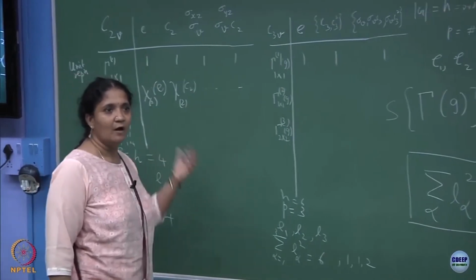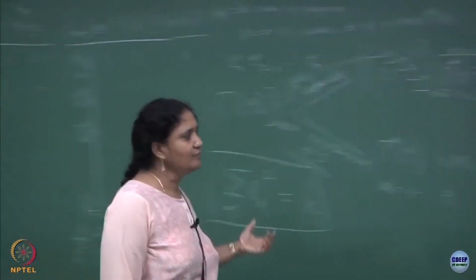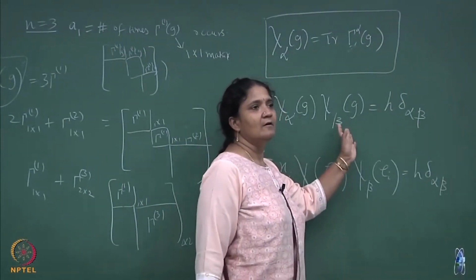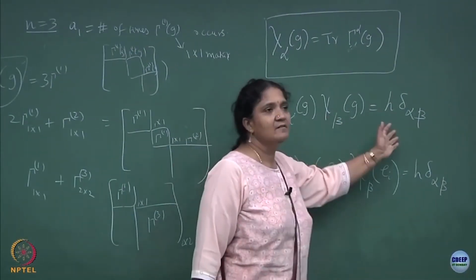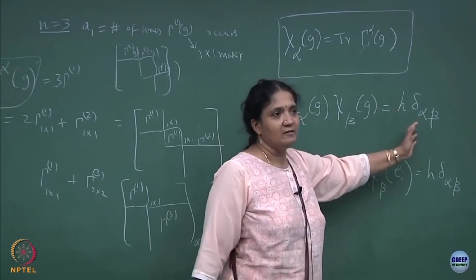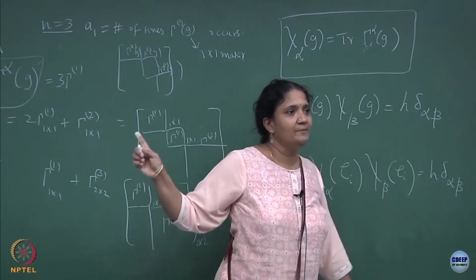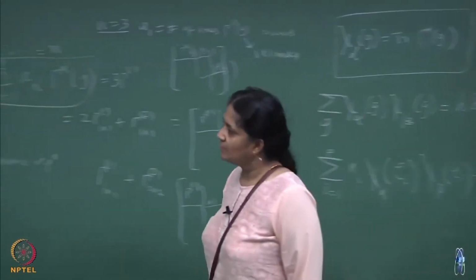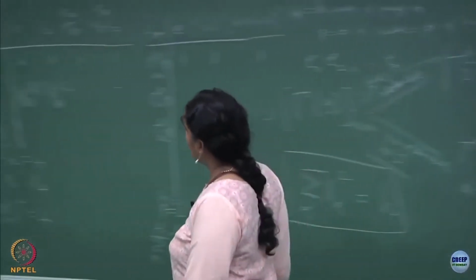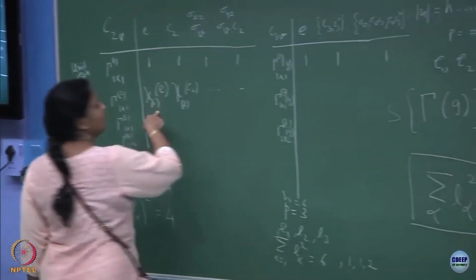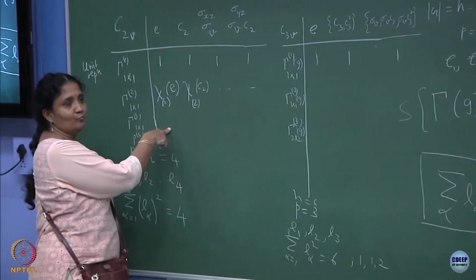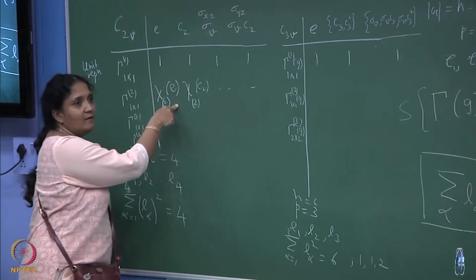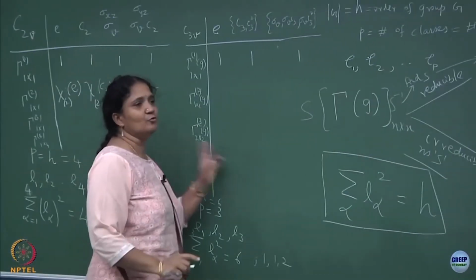How do we fill it? We just use this property. The product summed over all elements should be orthogonal, because one irrep is a unit representation and the other irrep is a non-trivial representation. So, let us fill it. The only thing you have to remember is that for the identity element, there is nothing you can do. Whatever the character is, if it is a 1 cross 1 matrix, it is 1. If it is a 2 cross 2 matrix, it is 2.